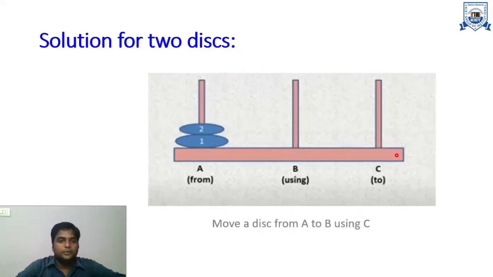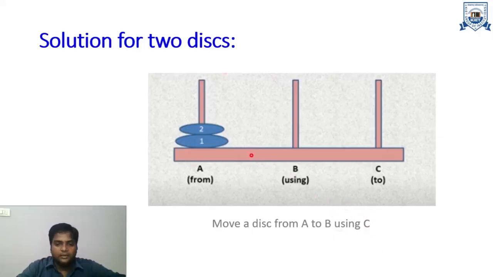Now let's suppose we have 2 disks. How can these 2 disks be moved from tower A to tower C? Now just see, first of all, we move a disk from A to B using C. Why have we written using C?